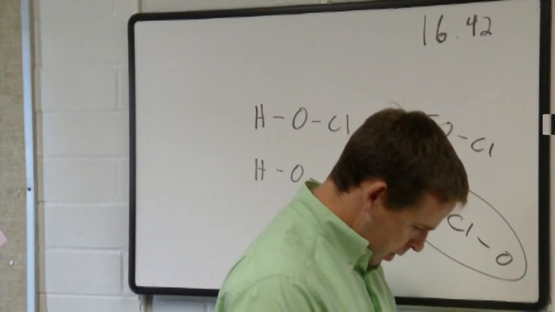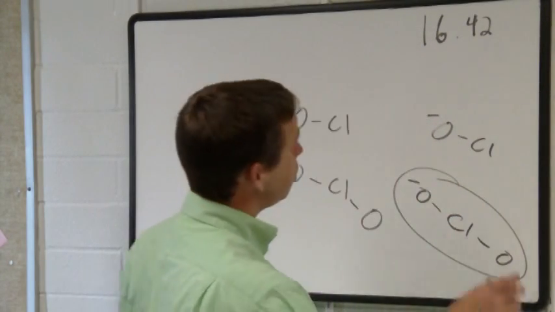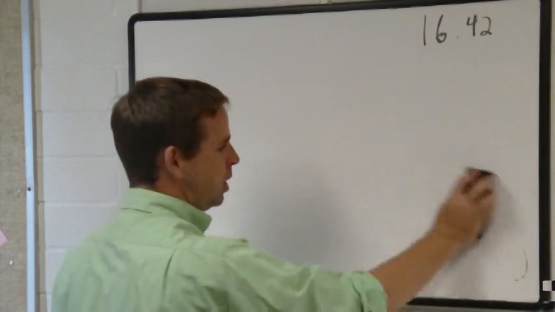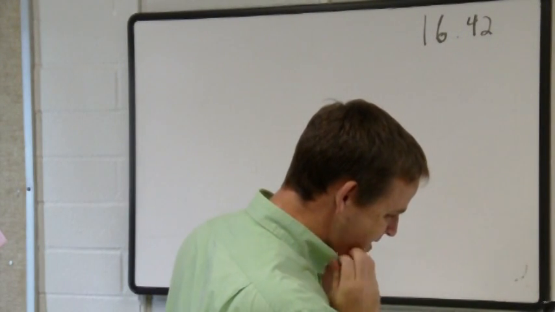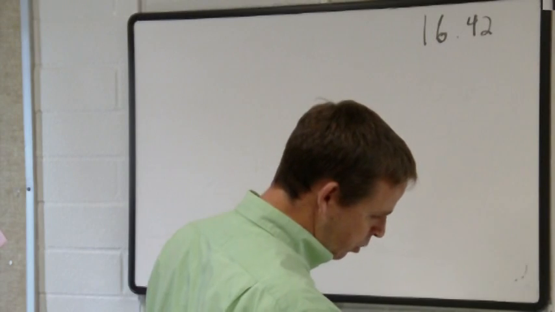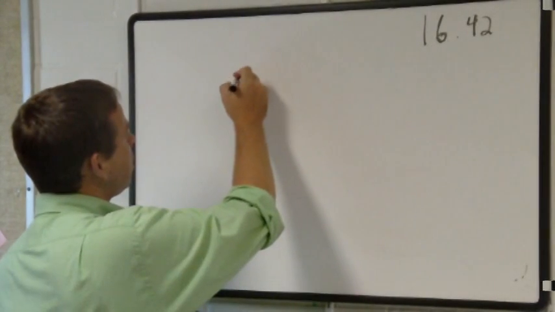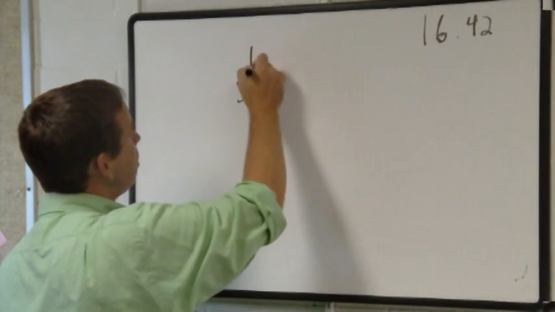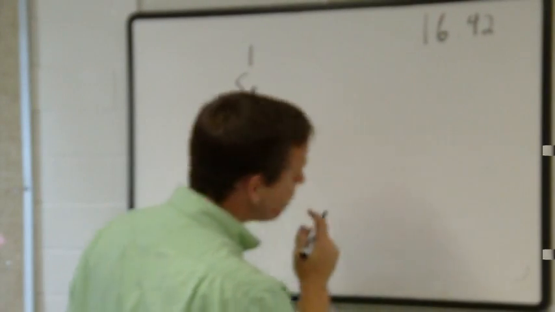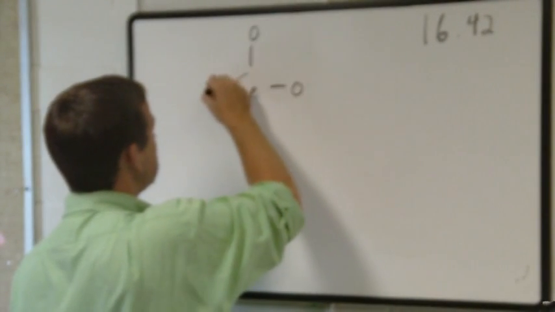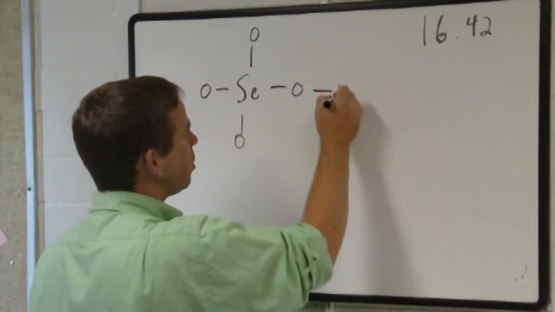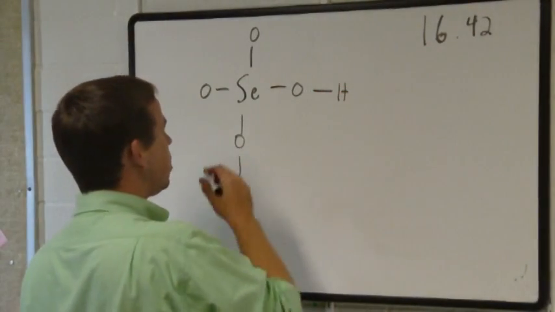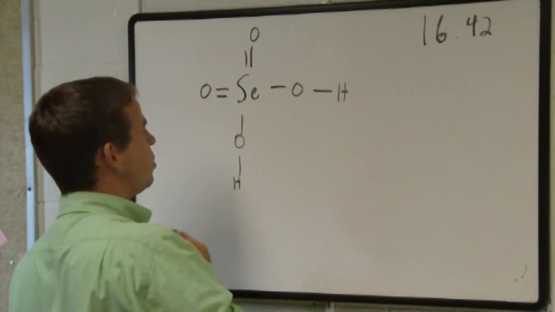All right, that was 1642, but that was only A. We have to do part B as well. 1642B, H2SeO4 and H2SeO3. H2SeO4 was first. So we have 4 oxygens and 2 hydrogens. We could draw these to find out, but I'll bet that those are double bonds.